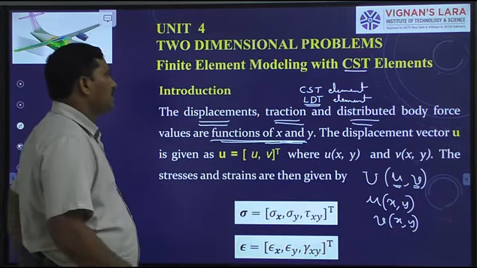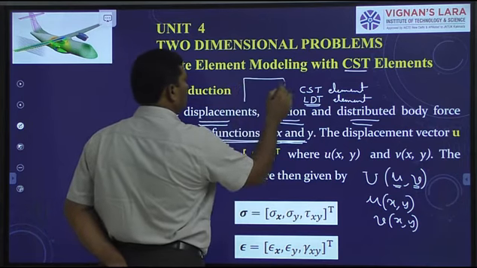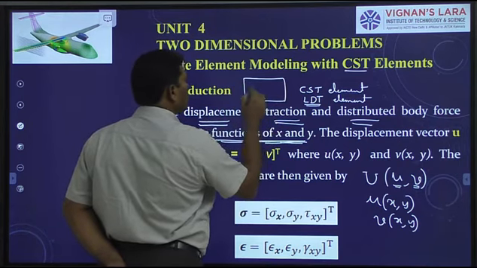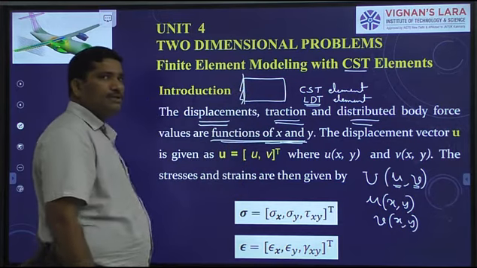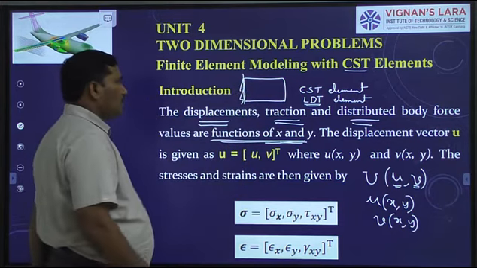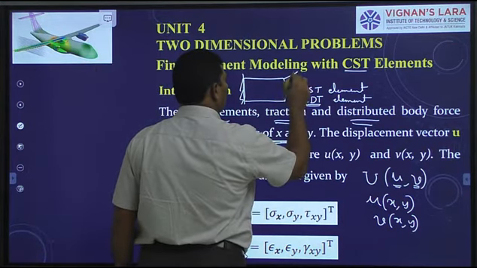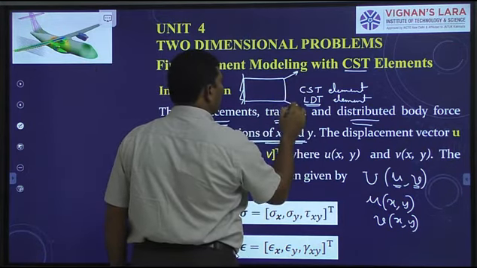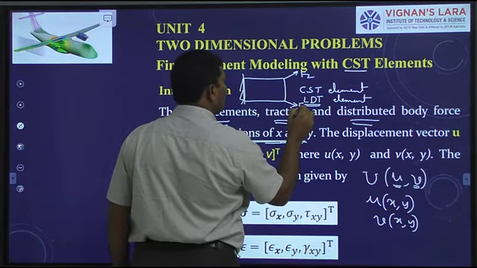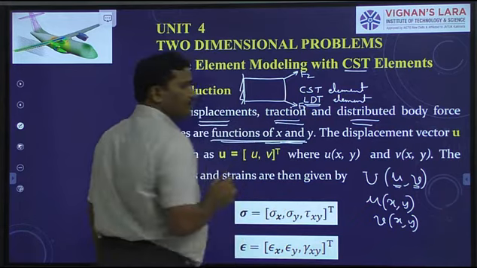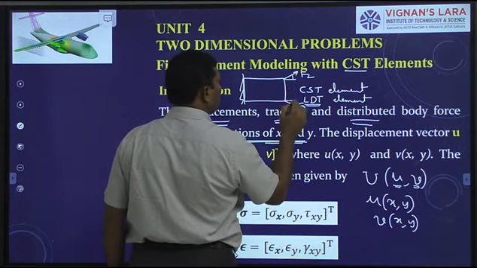The reason is, if you consider a two-dimensional domain such as a rectangular plate of uniform thickness, loaded with a set of forces, say F1 and F2, these forces are acting in the direction shown.